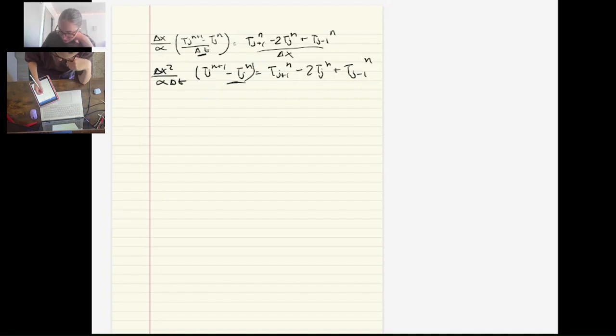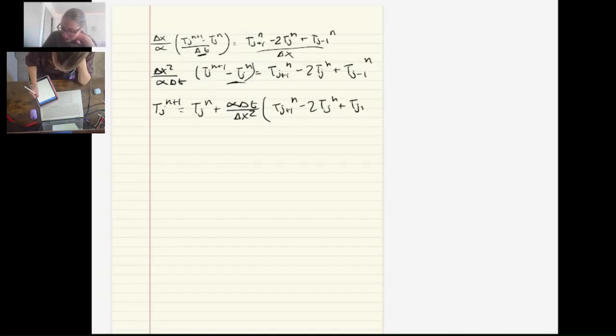So it's going to be Tj n plus 1 is equal to Tj n plus thermal diffusivity times our change in time over delta x squared, times Tj plus 1 minus 2 Tj plus Tj minus 1 n.